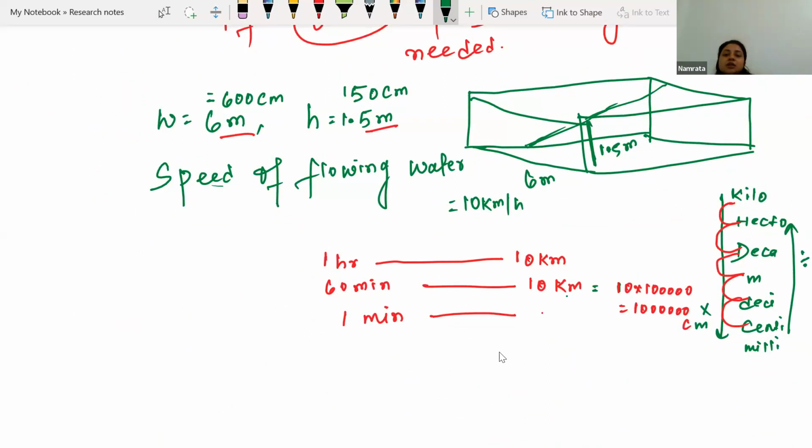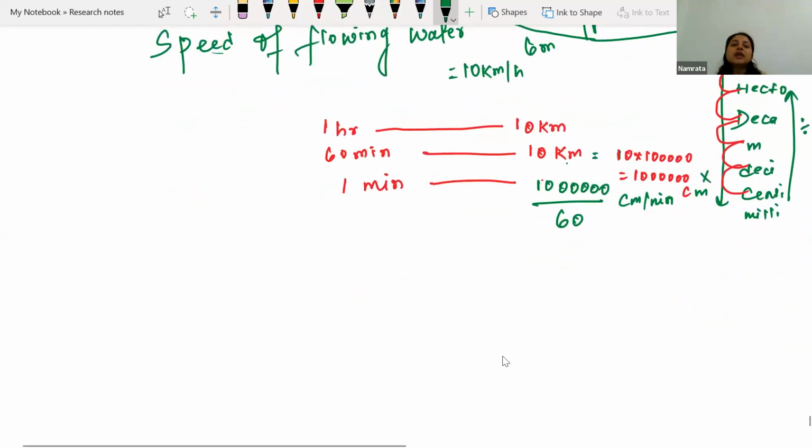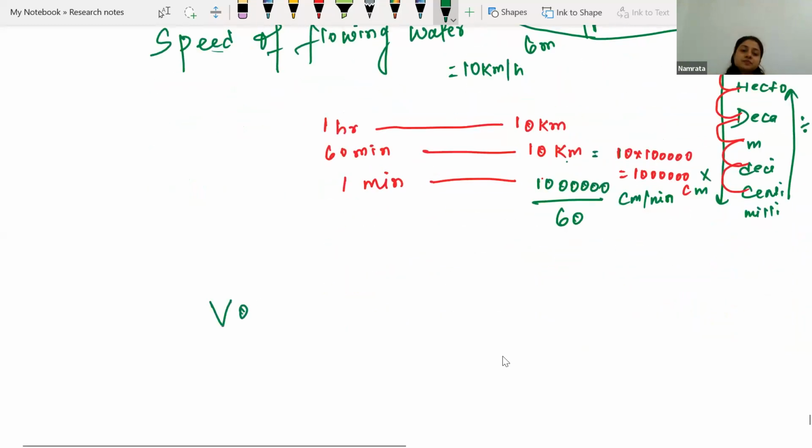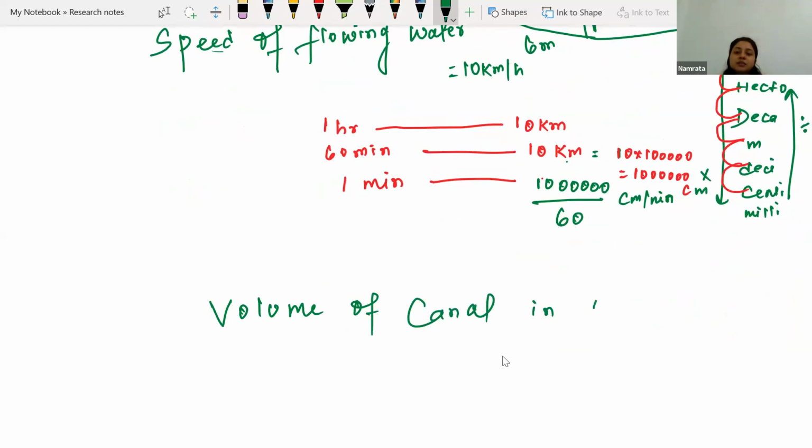Now in 1 minute it will be 1 with 6 zeros divided by 60. That much centimeter per minute we will be having. That much centimeter water is flowing in 1 minute. Now if we have to find the volume of canal in 1 minute, it will be length, that much centimeter in 1 minute.